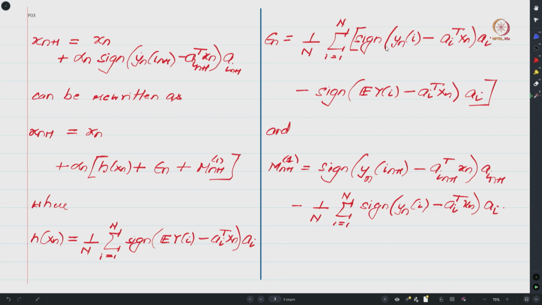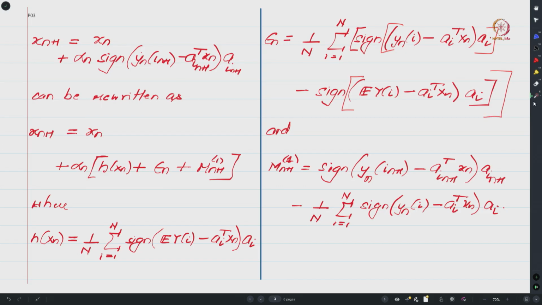But nevertheless, since y_n is hoped to go to expected value of y for every i, recall that we don't have adversaries here, hence the hope is that for every i this expression will go to expected value of y of i. So in that case the sign of this expression, and I think I should be careful here, this is the sign of this expression, and similarly here also it's the sign of this expression, and maybe I should have a big bracket over here.